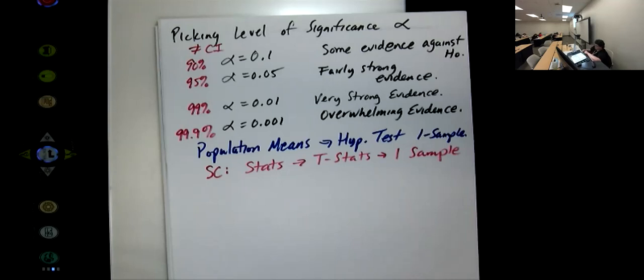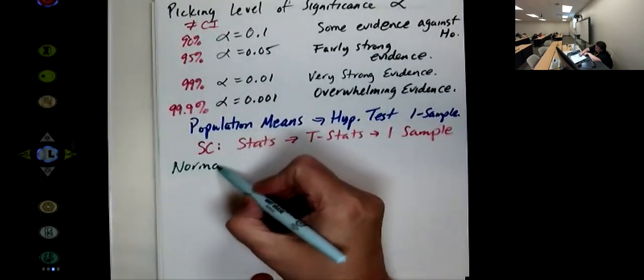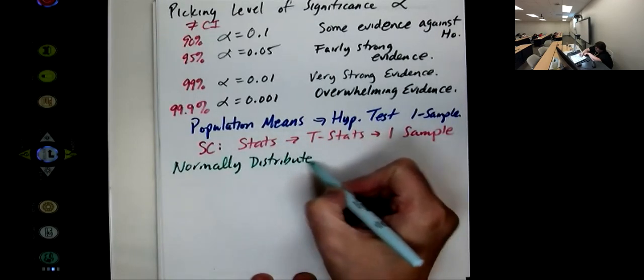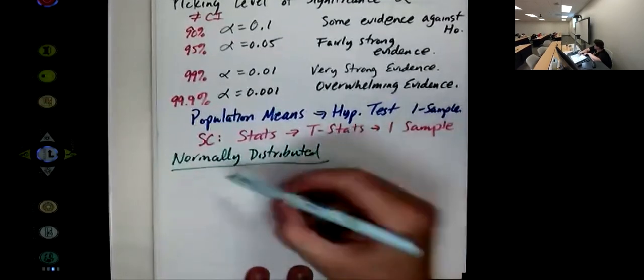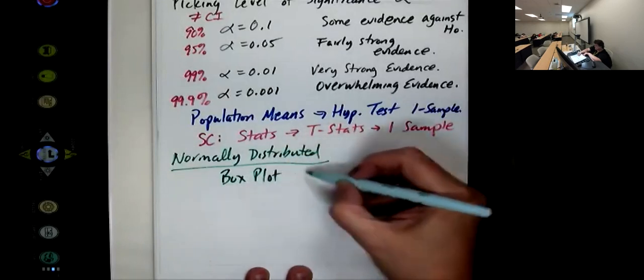Like we talked about previously for the proportion, this should be normally distributed. If they don't say it, what you have to check is that a box plot has no outliers.